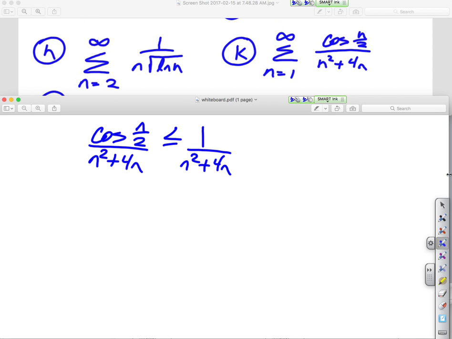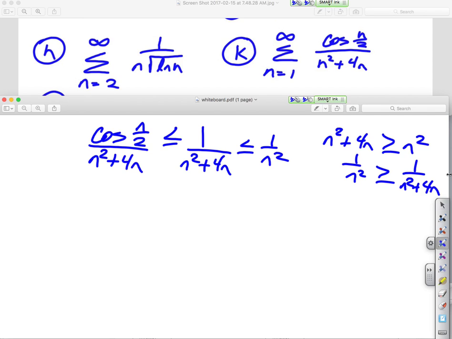But I don't want to compare to this, because if I do, then I have to do what Sarah did and do a double direct comparison test. So I ultimately want to compare that to 1/n squared. So I start another thing over here and say n squared plus 4n is greater than n squared. And I divide both sides. And I have that. So 1/n squared is greater than 1/(n squared plus 4n).